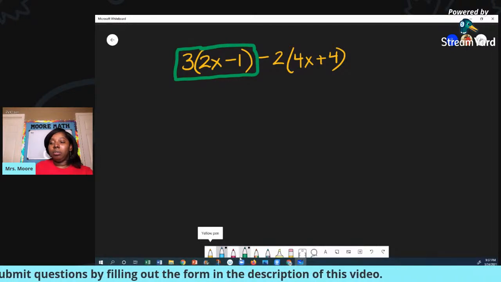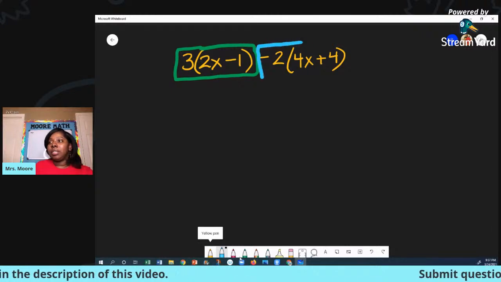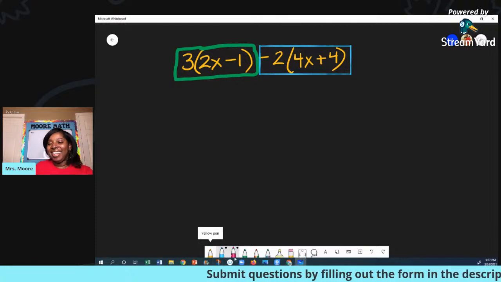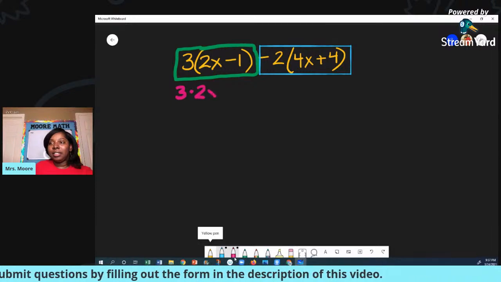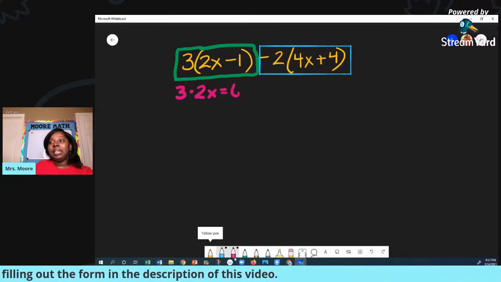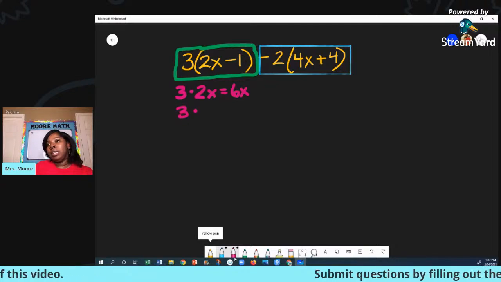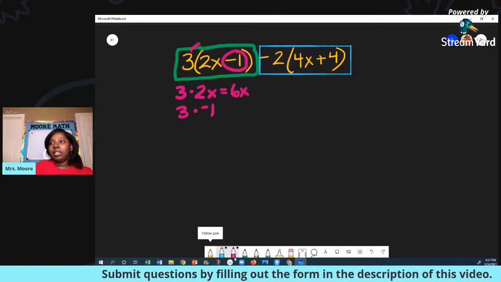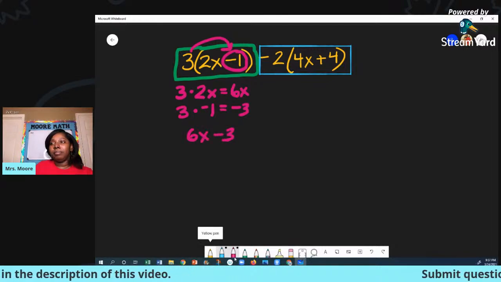And also, we got to multiply twice because look, I have to do negative 2 times everything in the parentheses. Don't y'all love algebra? Okay, so I got to do 3 times 2x, which is 6x. I have to do 3 times negative 1, which is a negative 3. So over here, I have a 6x minus 3.